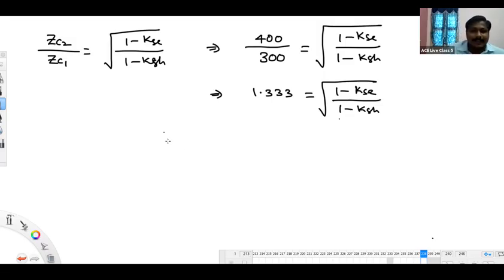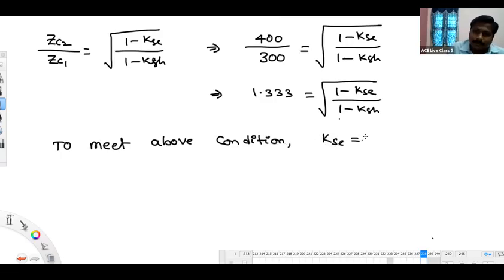So to meet the above condition, KSC will be 0, no series compensation, but I have to provide the shunt reactive compensation.